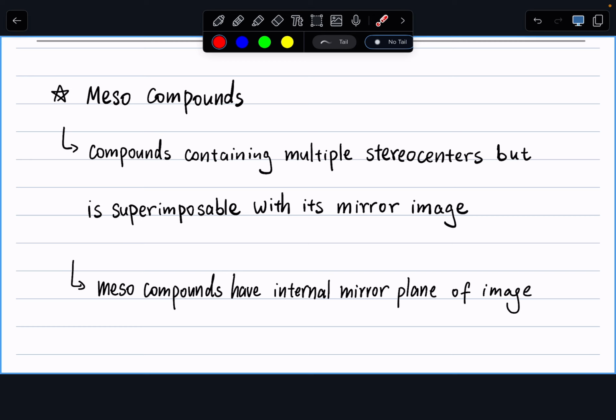This is a little bit counterintuitive. A molecule can have chiral centers, but at the same time the molecule itself is not chiral. We'll do one example together to see what that means.